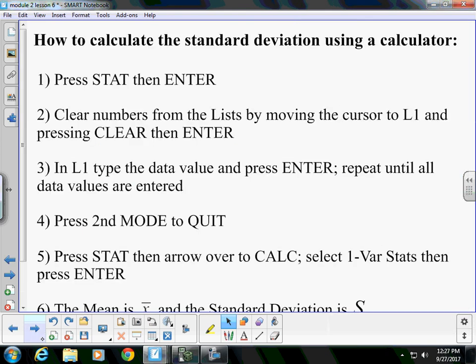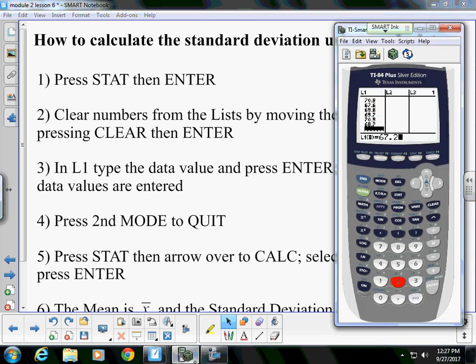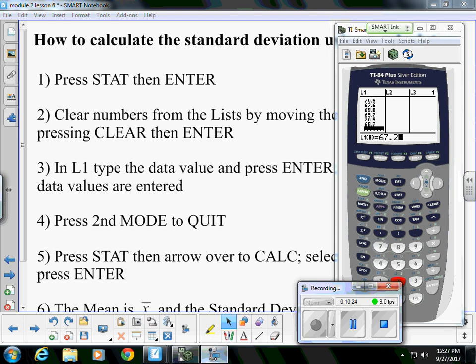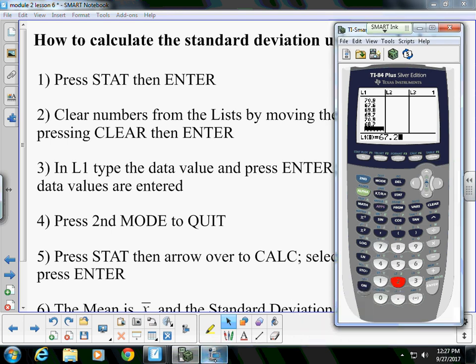Okay, then I want to press number 4, second and mode, which is quit, and go back to your main screen. Then I want to push stat and calc.